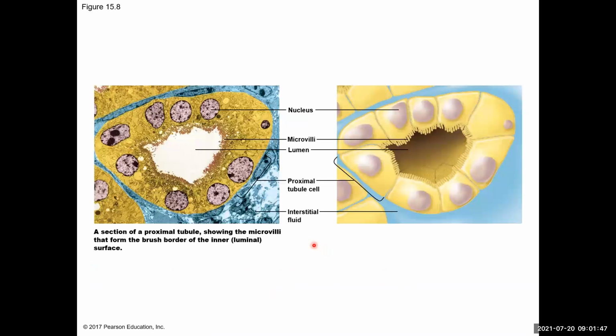Okay. So here's a micrograph of a proximal tubule. You can see the microvilli, you can see the nuclei and the lumen, so where the filtrate's coming into contact with the microvilli, and the interstitial fluid that the filtrate's going to go through. So that reabsorption is going to move through in order to get back to the peritubular capillaries.